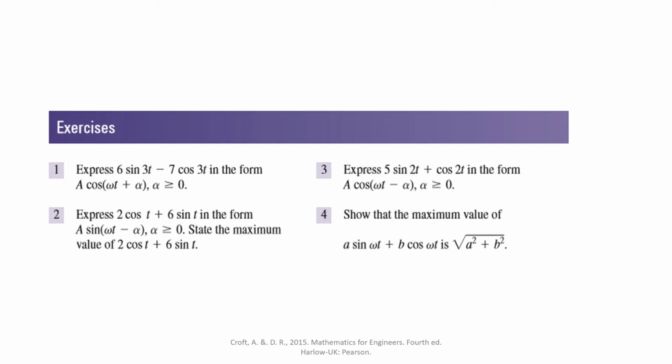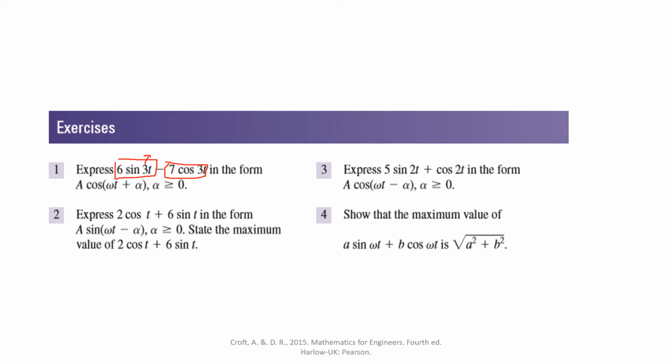Here is the exercise we are going to attempt. Question 1. Express 6 sine of 3t minus 7 cos of 3t. So two waves are given. This is a sine wave and this is a cosine wave.